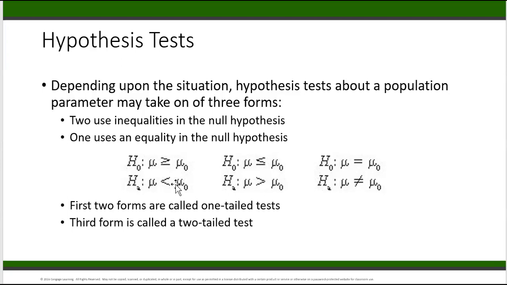We just reject the null hypothesis if the sample mean is significantly lower than the hypothetical value. Here we reject the null hypothesis if the sample mean that we take is significantly larger, at the upper side of the distribution.